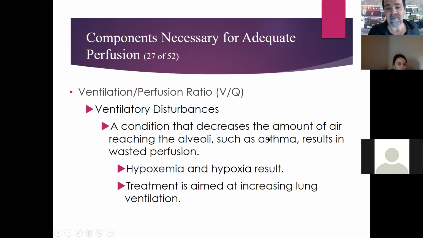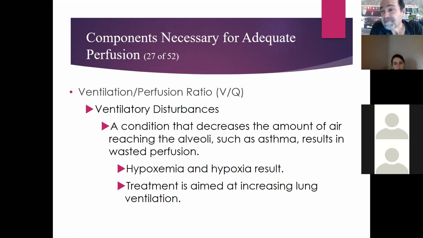Now, ventilatory disturbances, a condition that decreases the amount of air reaching the alveoli, such as asthma, result in wasted perfusion. You have hypoxemia. What is hypoxemia by definition? Low oxygen. Well, remember, hypo means low, oxia means oxygen. So hypoxemia is low oxygen. So in a condition that decreases the amount of air reaching the alveoli, such as asthma, you have a diminished lumen of the bronchioles.